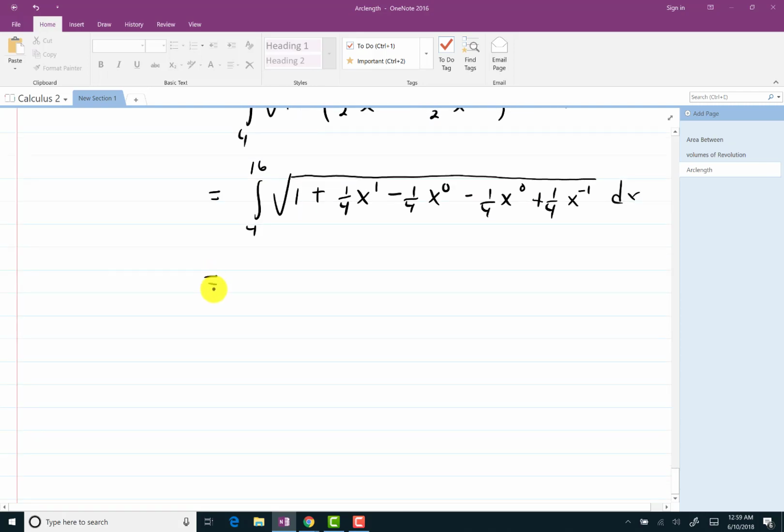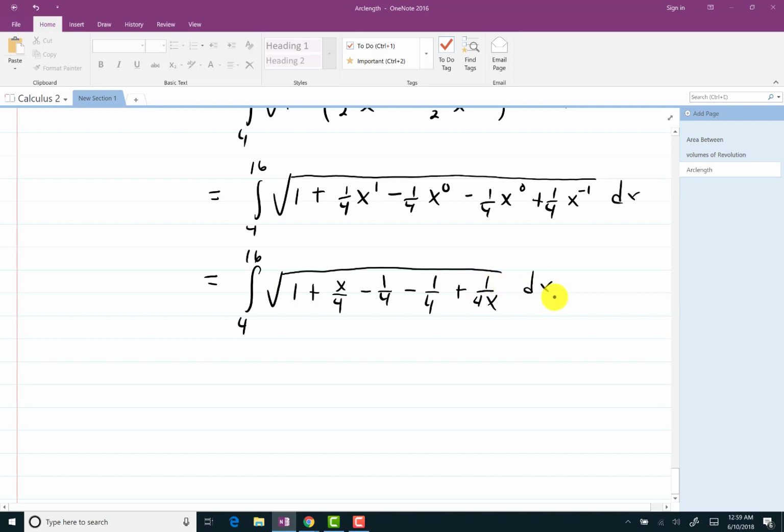And obviously some simplification will be nice. I got 1. This is just 1/4 x, I'll write it as x over 4. X to the 0 will be 1, so I'll have minus 1/4 minus 1/4 plus 1 over 4x dx.